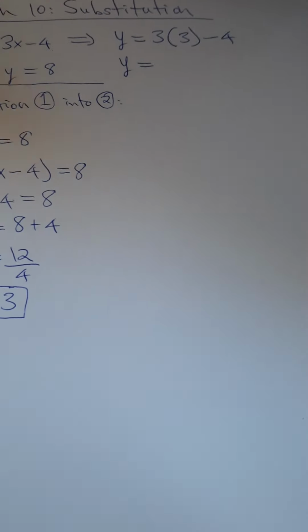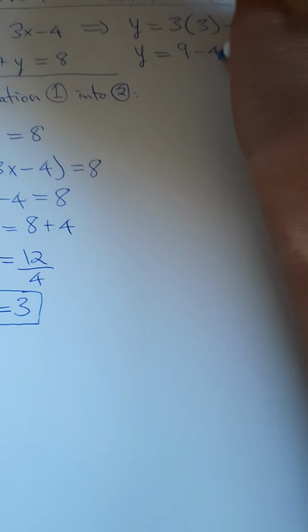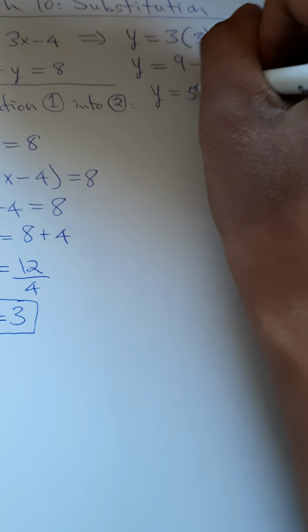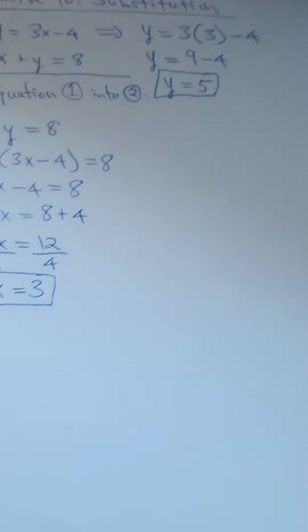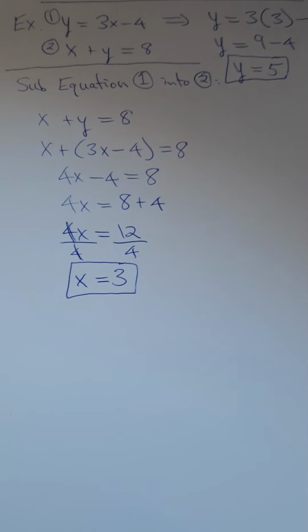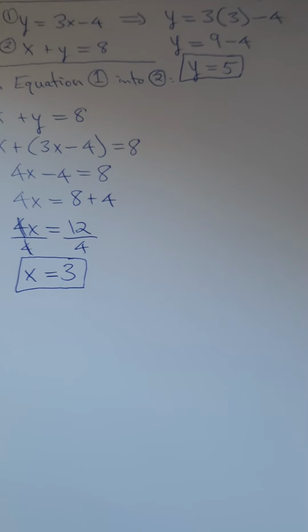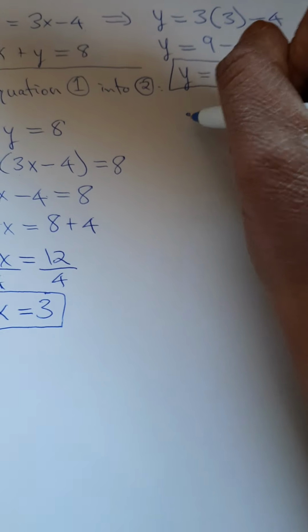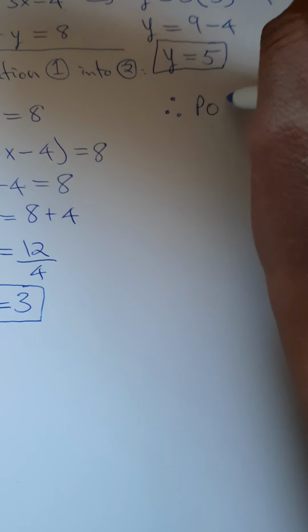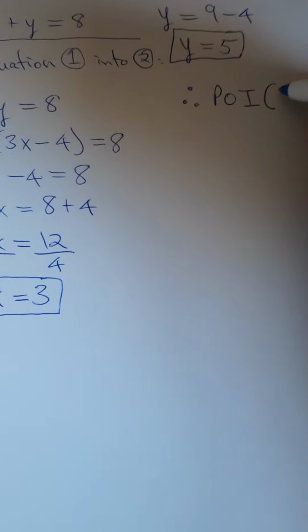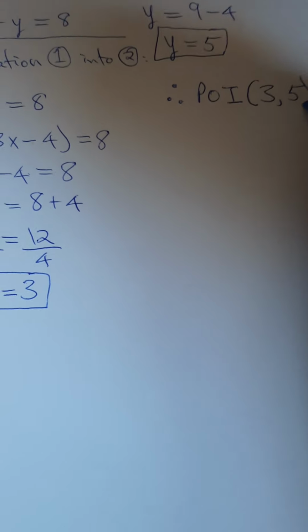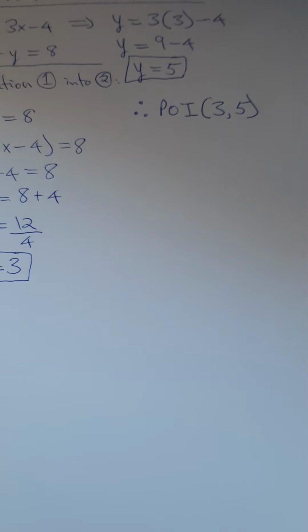So y here is equal to 9 minus 4. So y is equal to 5. Always box your answers. So I notice now I have my x and y values, and therefore this is the point of intersection. x is 3, and y is 5.